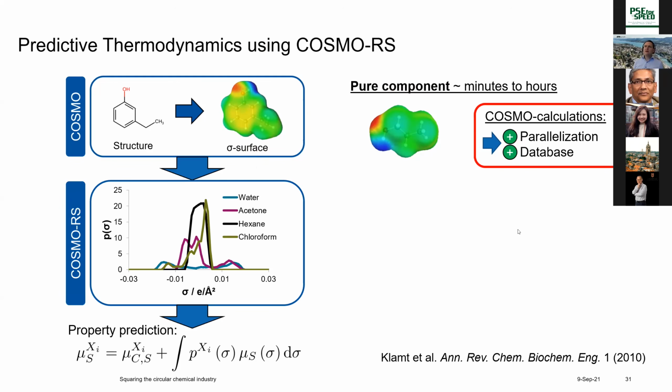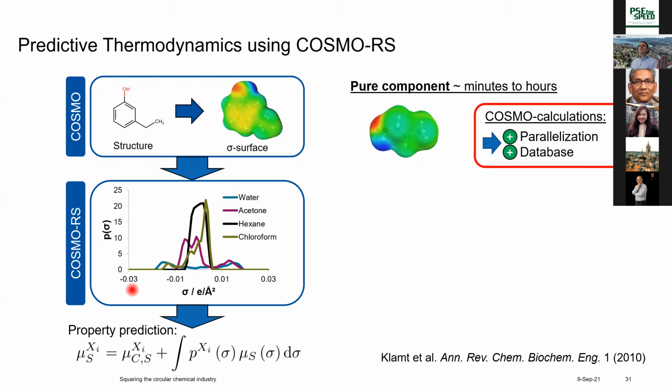So what do I do? I take the surface, I split it into regions, and then I plot a probability density distribution of the surface charges. This we call the sigma profile of the surface charges. And here's the different molecules, how the surface charges are distributed over the surface. And this sigma profile is stored in a database.